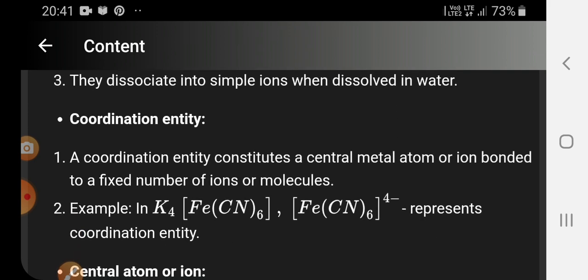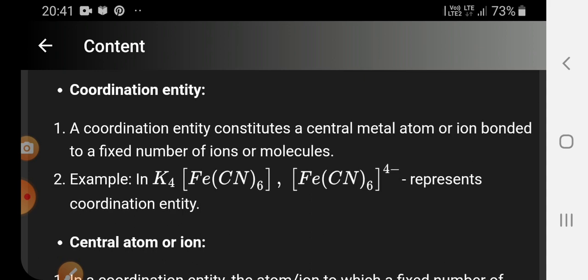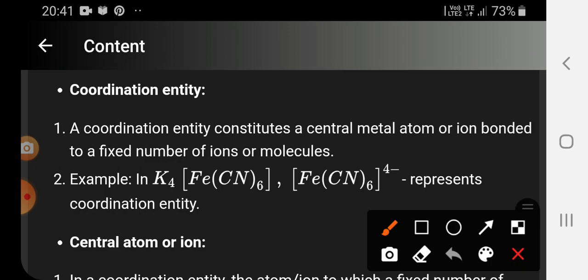Now in this segment we will talk about some of the important terms that are used in coordination complexes. So let us start with the topic coordination entity. What is the meaning of coordination entity?